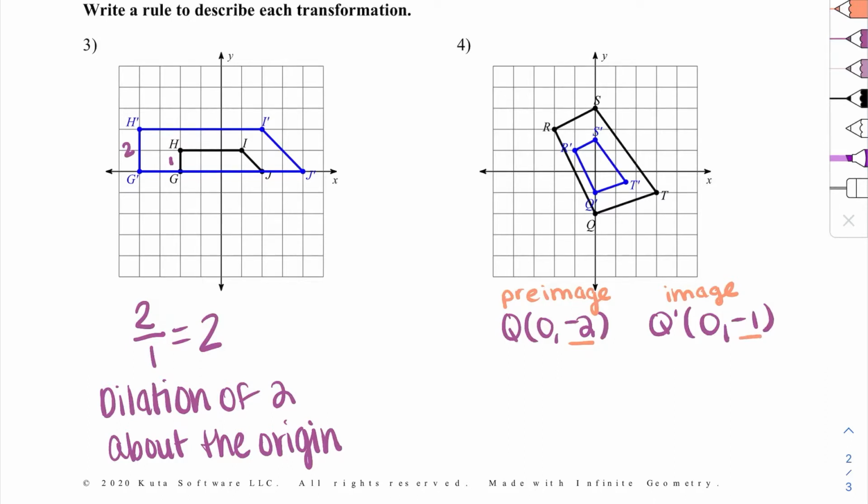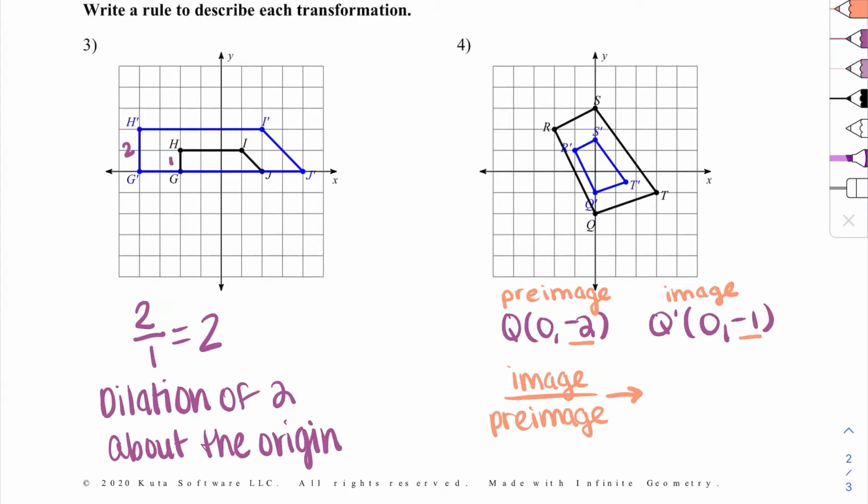Now we can't really use 0 and 0 because there's really no way to tell what the change was there, because 0 is just going to stay 0 no matter what you multiply it by. So we're going to need to divide these. Now recall that this figure from the original to the new one is getting smaller. Regardless of whether it's getting bigger or smaller, you are always going to divide a side length or a point value from the image by a side length or a point value from the pre-image.